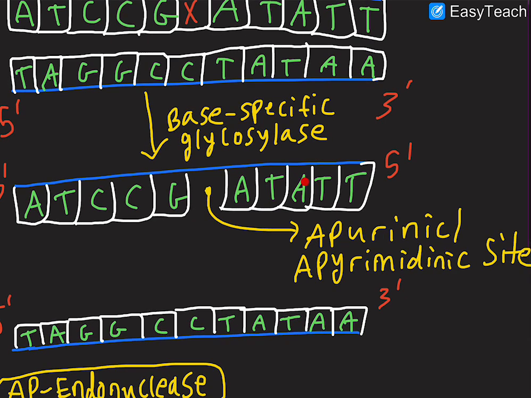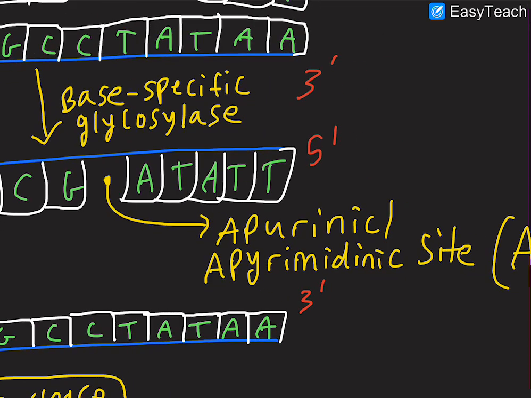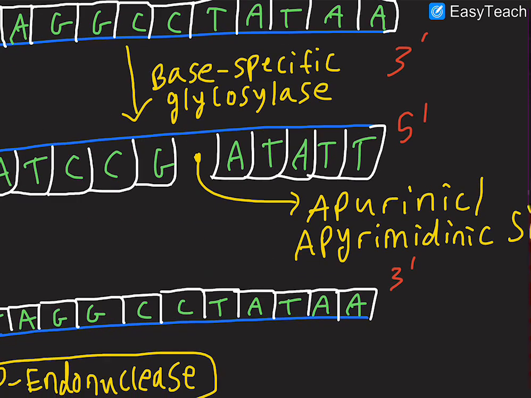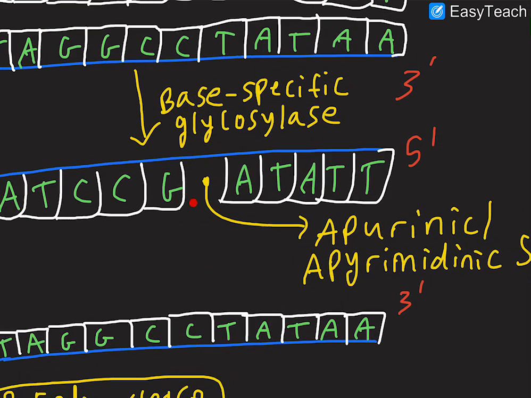Now AP stands for an apurinic site or an apyrimidinic site. That's an AP site for short. The reason why is that if this were an adenine or a guanine, which are the purines, and you cut that out, that leaves you with an apurinic site. But if you cut out, for example, a thymine, which is a pyrimidine, that leaves you with an apyrimidinic site.